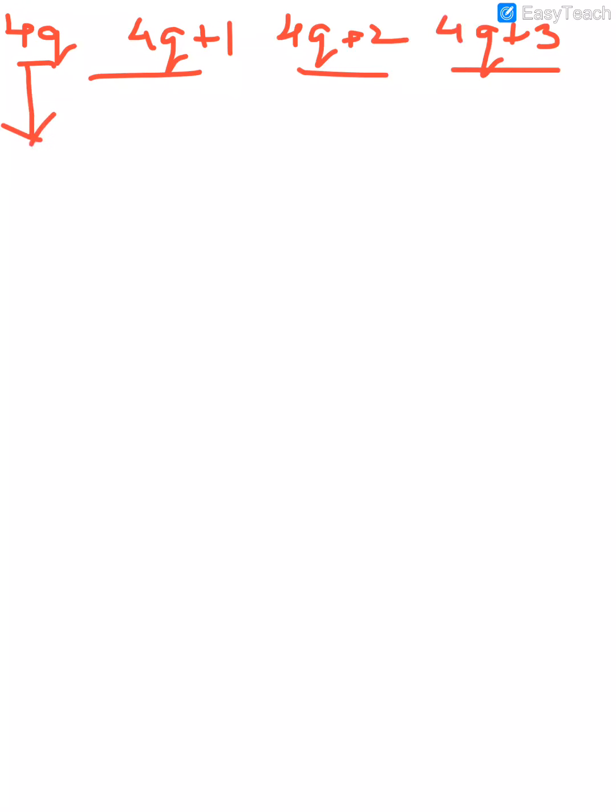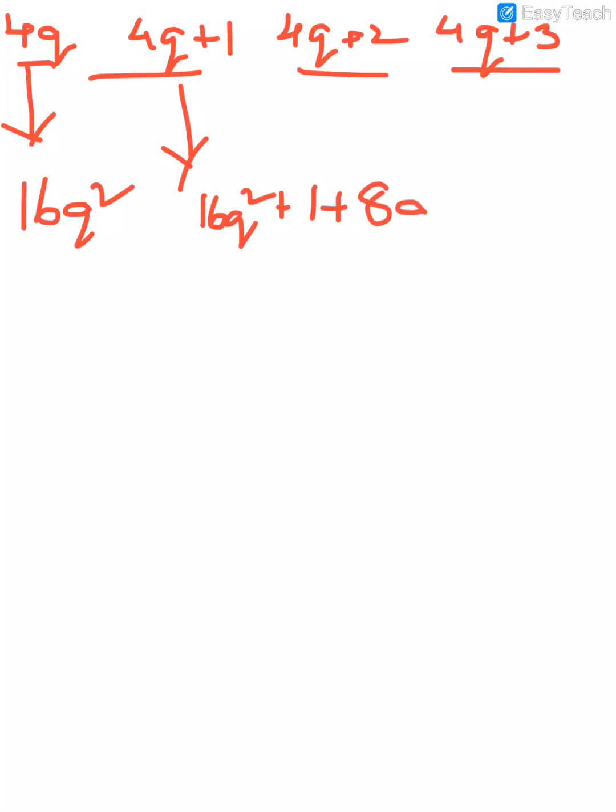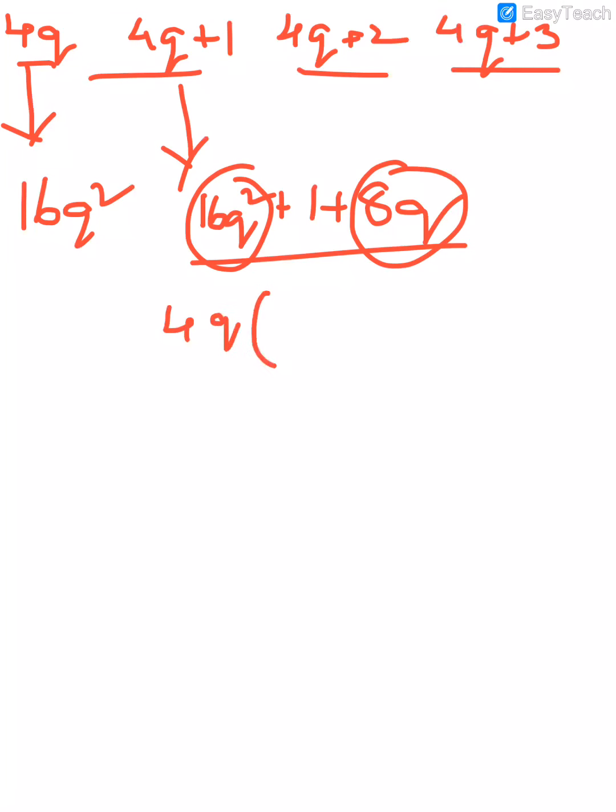When you square 4q, you get 16q square. When you square 4q plus 1, using a plus b whole square, a square plus b square plus 2ab, you get 16q square plus 1 plus 8q. If you take 4q common from the first and third terms, it becomes 4q into 4q plus 2, plus 1.